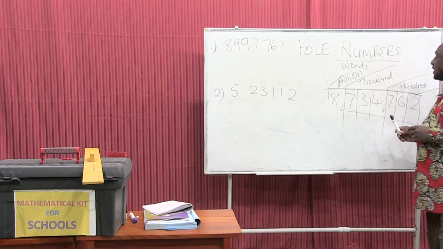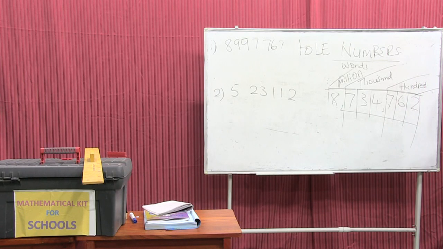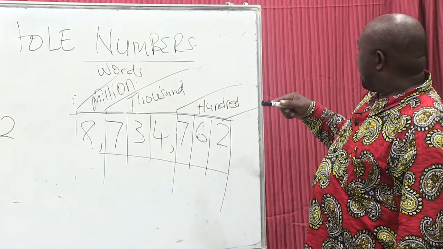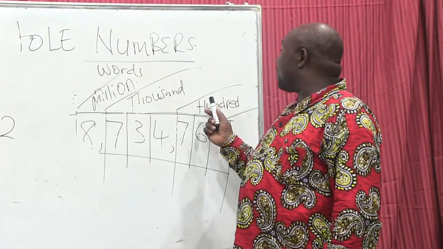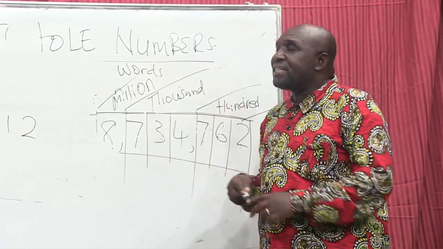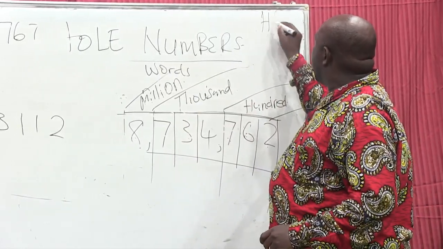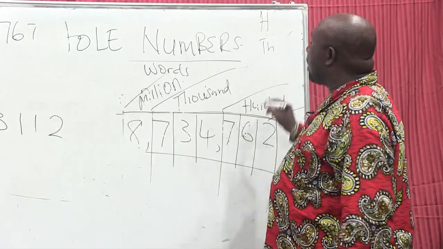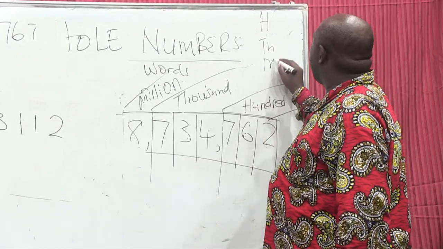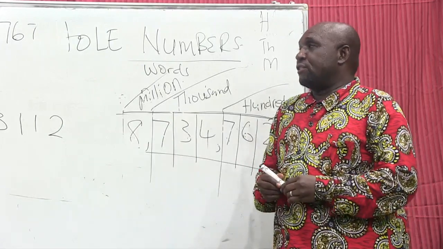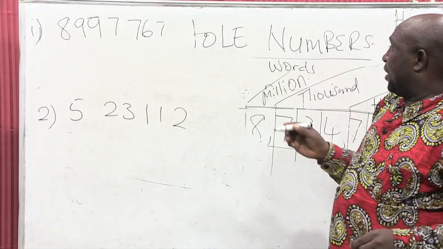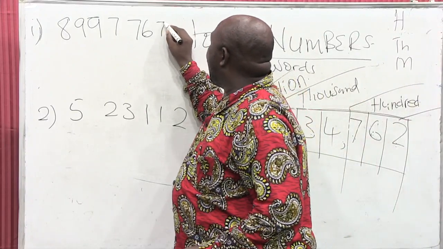Remember, you separate from right to left and then apply the shorthand, using H for hundreds, TH for thousands, and M for millions. Then you apply there, and then read the number.